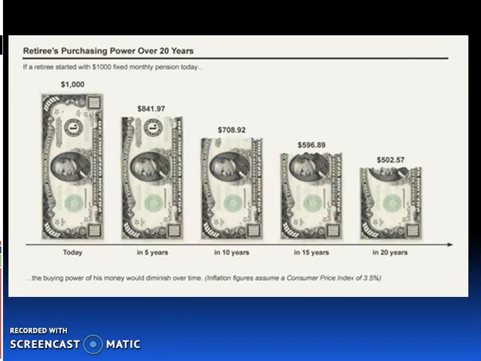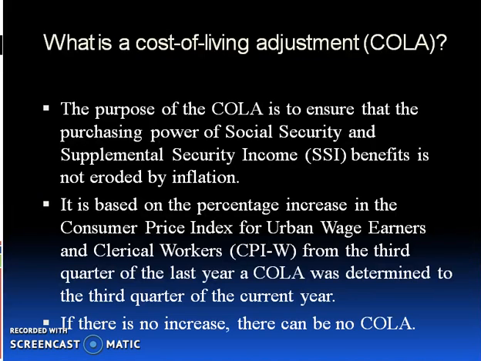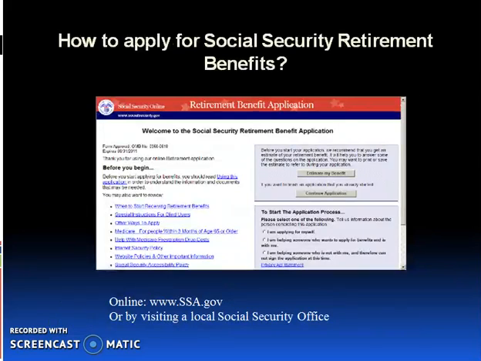I want to talk about inflation. Obviously, every year, inflation eats away at the power of the dollar. So the benefits keep up with inflation through the cost of living adjustment, or COLA. All right, let's move on.